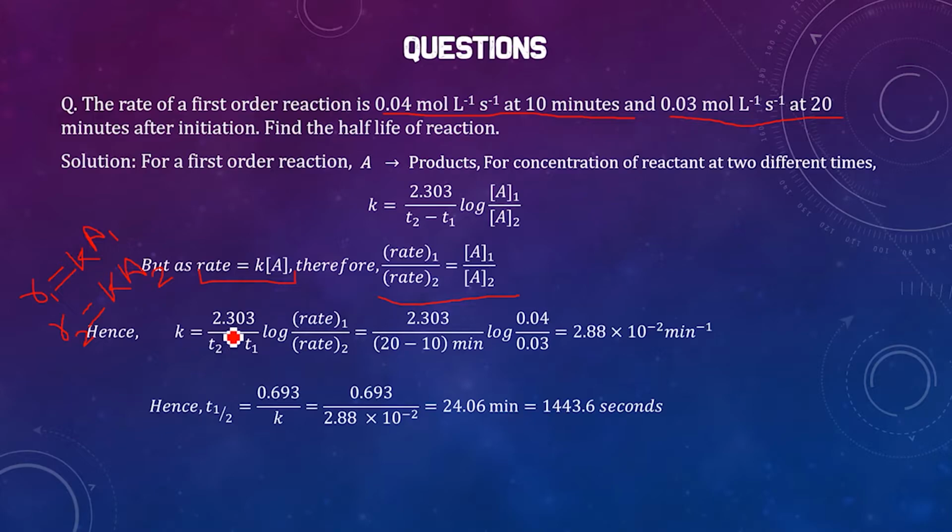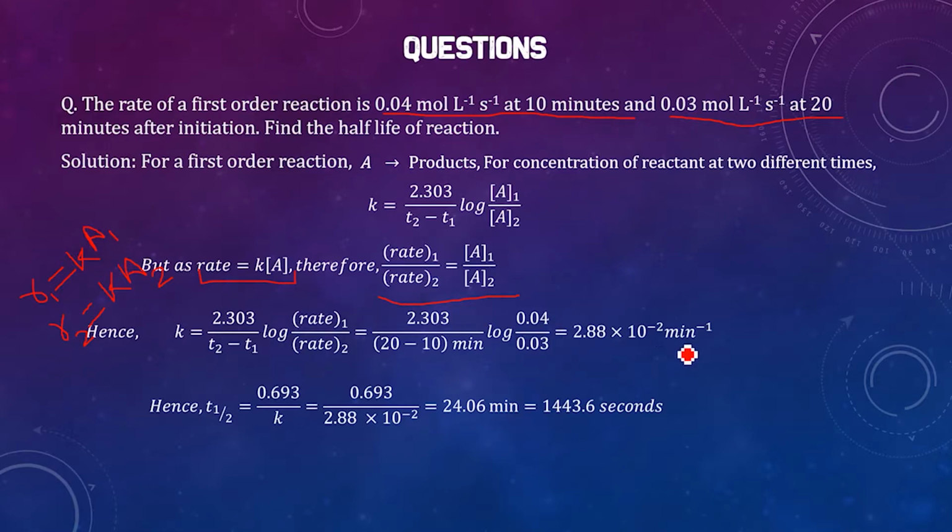So K is equal to 2.303 over the total time taken, times log, and then instead of this, the R1 value is given as 0.04 mole per liter per second, and the R2 value is given as 0.03 mole per liter per second. So just put the values and solve it, you will get this answer.